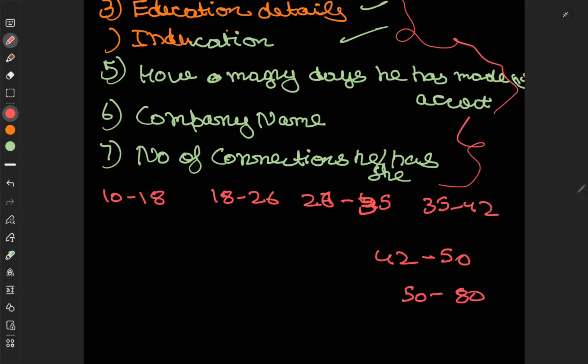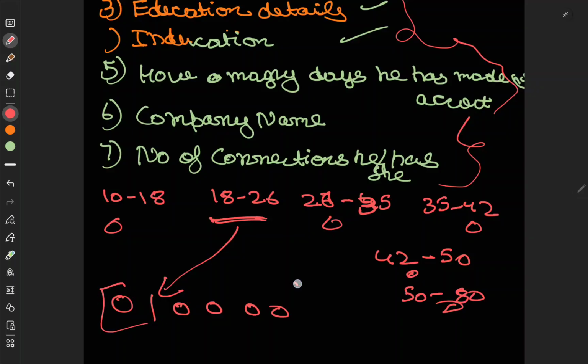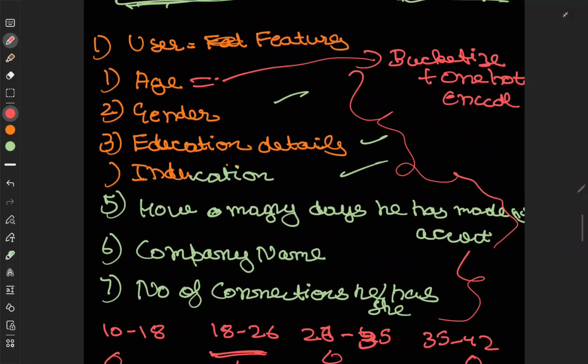Let's say a user comes of the age 19. How am I going to represent that particular user? He would be represented something like 0 1 0 0 0 0, because the one came from here and all others were represented using 0. So this is bucketize plus one hot encoding. Then comes gender.